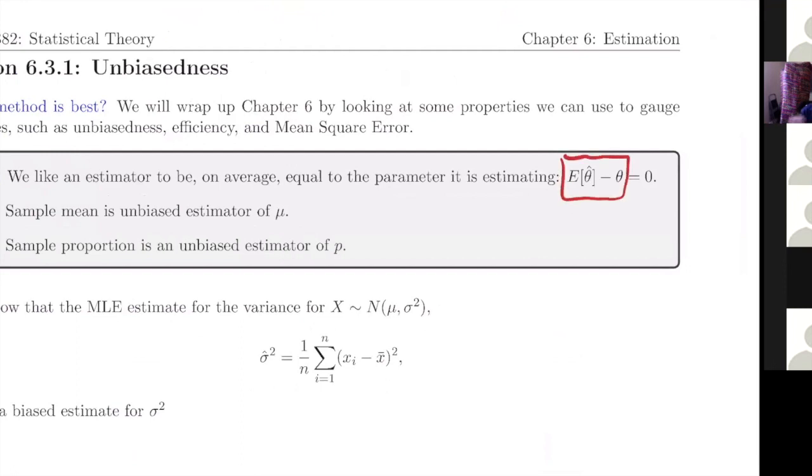So we would say the expected value of the estimator minus the actual value of the parameter should be 0. So this would mean we would expect our estimator to equal the parameter, which is good. So if this equals 0, then we say it's an unbiased estimator. And if it does not equal 0, then we say that it is a biased estimator.